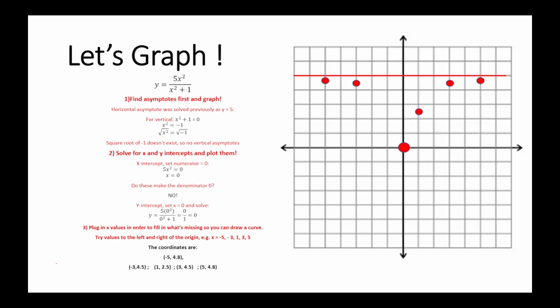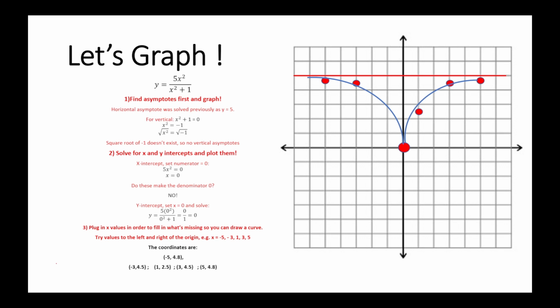What does this look like? I'm going through the origin. I'm also going through those points. And I want to make sure that I get really close to the horizontal asymptote, but that I never touch it. It looks something like this. Just imagine that there are arrows on the left and right side. They're getting closer and closer to that red line, but never actually touching it. This is what this graph would look like.